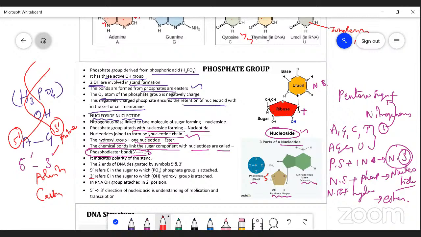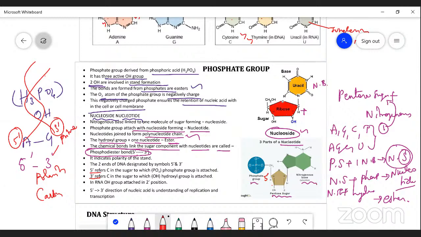Okay, the 3'. The 3' refers to the carbon of the sugar to which the hydroxyl group is attached. So this part is called the 3', 5' as well as the 3'. In RNA, the OH group is attached at the 2 position.